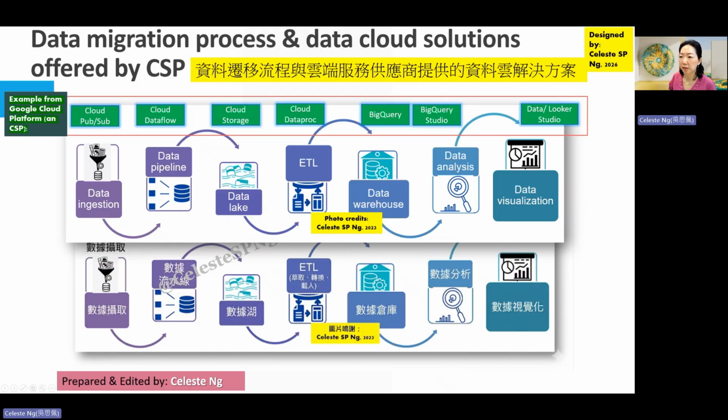Data pipeline, you can say, is a connecting tissue or connecting mechanism that streams our data that we ingest into our data lake. Data lake is a repository for the native data.